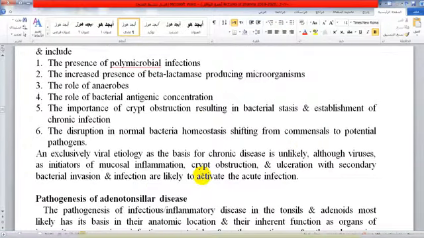An exclusively viral etiology as the basis for chronic disease is unlikely, although viruses as initiators of mucosal inflammation, crypt obstruction, and ulceration with secondary bacterial invasion and infection are likely to activate the acute infection.